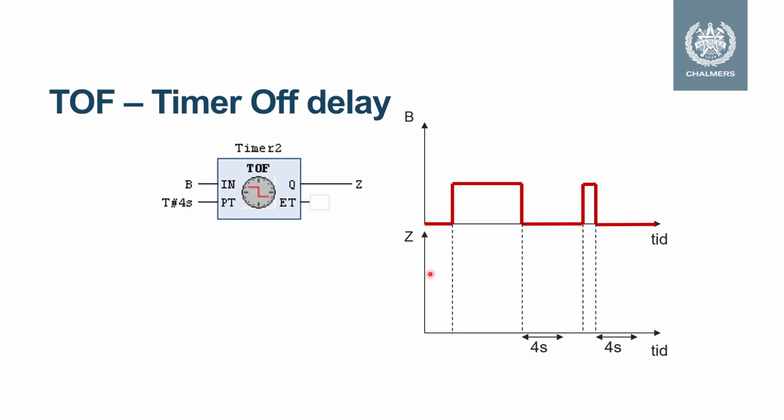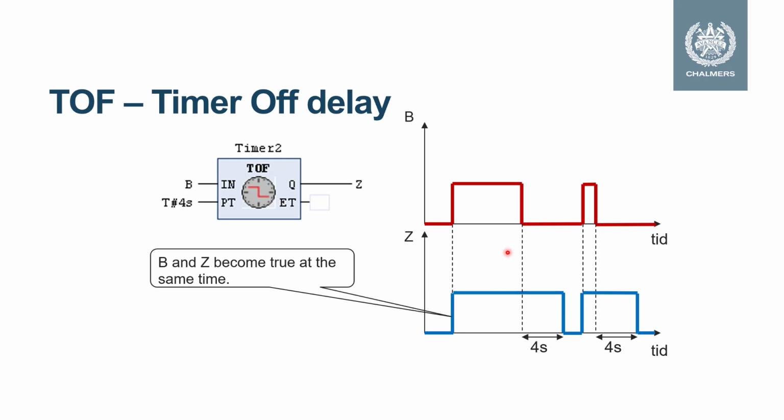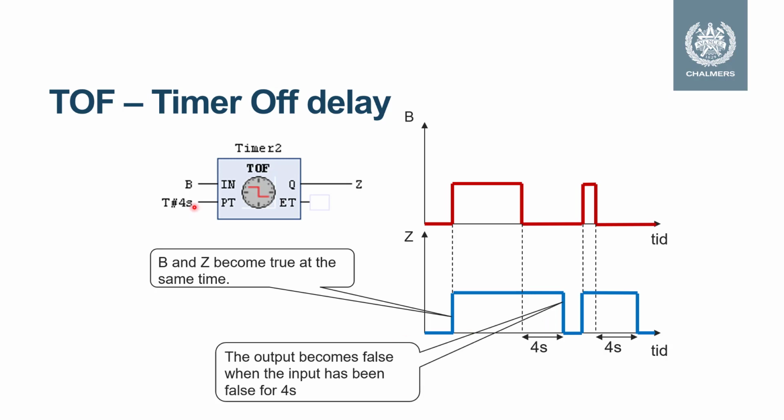This means that our output signal will look like this. It becomes true at the same time as B, but then we start the clock when B becomes false, and the output signal will remain true for 4 more seconds before it becomes false, since the preset time is 4 seconds. This means that this short pulse will also be registered, and it will be 4 seconds longer.